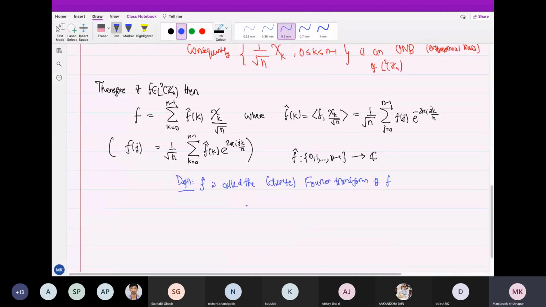So f going to f hat is a map from L2 of this set to itself.